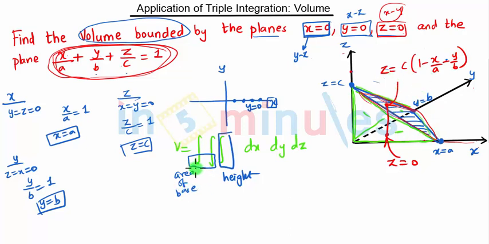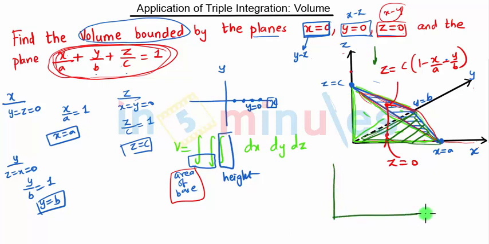Now we have to find the area of base. What is the base? Base is this part. If you see this from the top, we will see this plane as a triangle in the xy plane. So we will draw that part. Here we have the x-axis, this line, and this y-axis. When we see from above, we get this triangle.